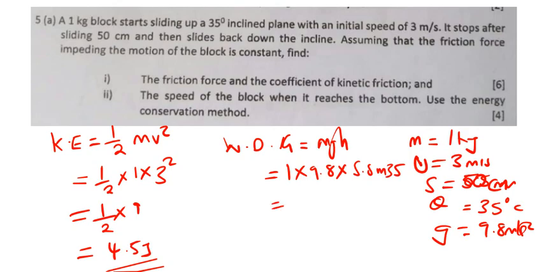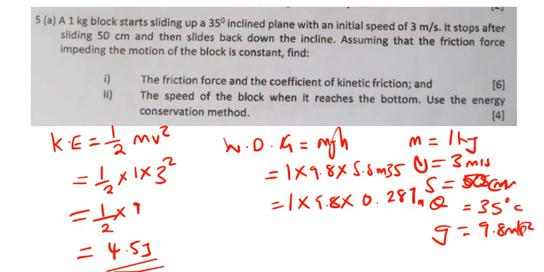So it would be 1 multiplied by 9.8 multiplied by s. We're given 50 centimeters, and you're supposed to convert it to meters by dividing by 100, so that is 0.5. So 0.5 sine 35 gives me 0.287 meters.